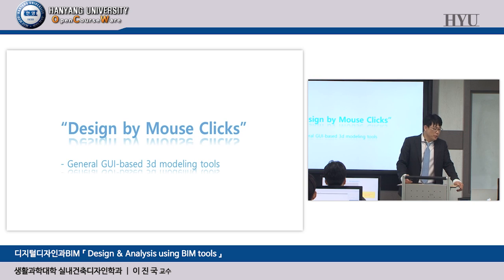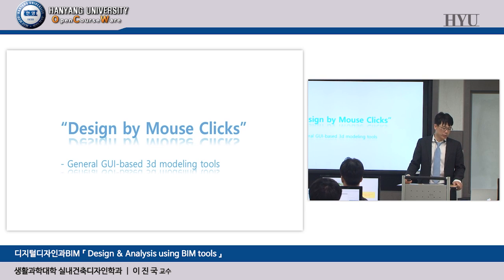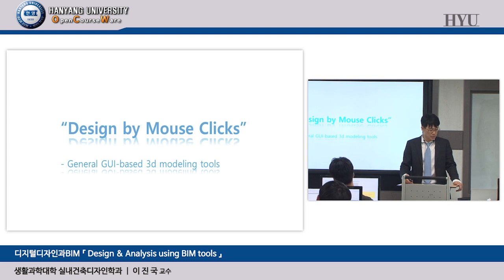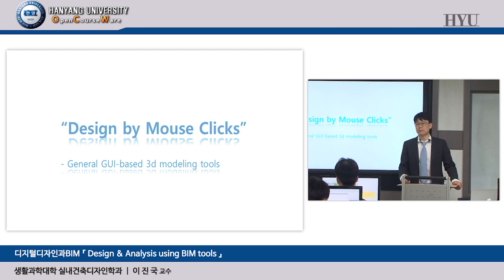So theoretically, we have learned some separate comparison between design by mouse clicks as well as design by numbers, okay? That's similar and almost equivalent to the metaphor: design by mouse click versus design by numbers is the same as design by SketchUp or AutoCAD versus design by Revit and Dynamo, okay?